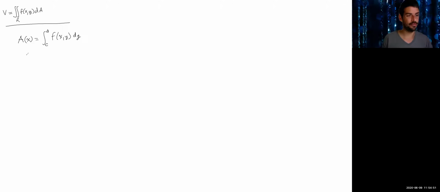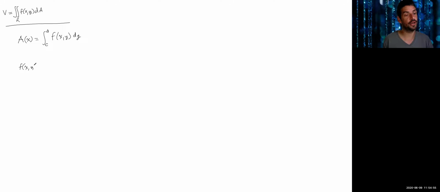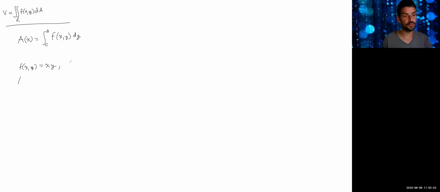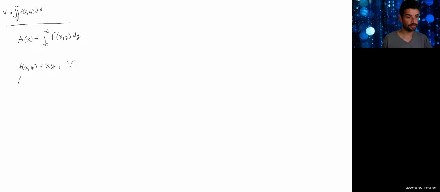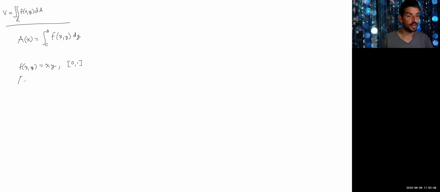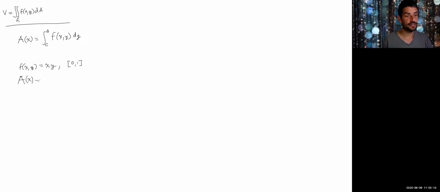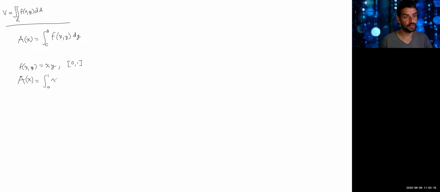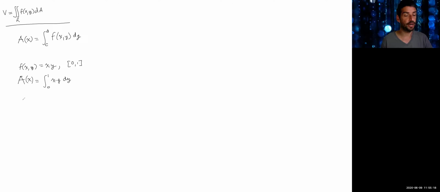So let's see exactly what I mean by this with an example. Suppose I had f of xy is equal to x times y. And let's take the interval CD to be 0, 1. Just keep it simple. Then A of x is equal to the integral from 0 to 1 of x times y dy.